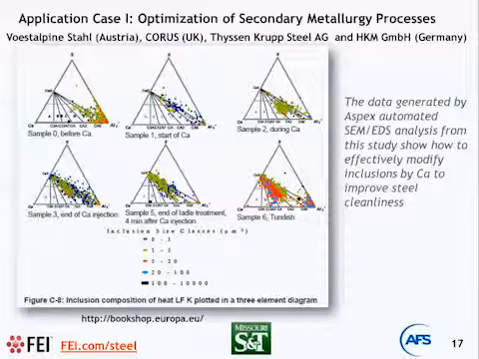So the steel samples were taken from the various steps in the steel making process, and these samples were put in the automated SEM-EDS machine to analyze the inclusions. And ternary diagrams are used to visualize the inclusion distribution.